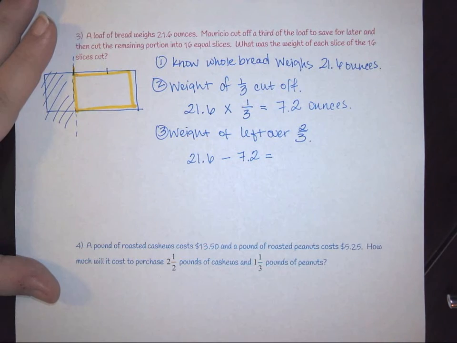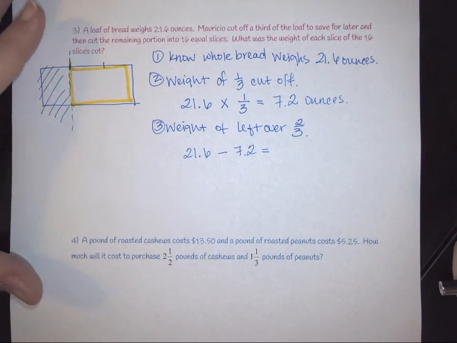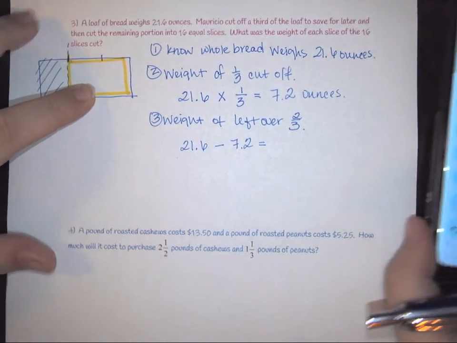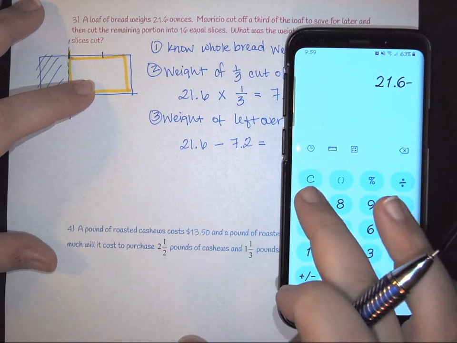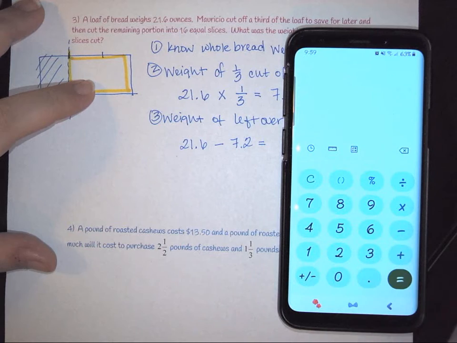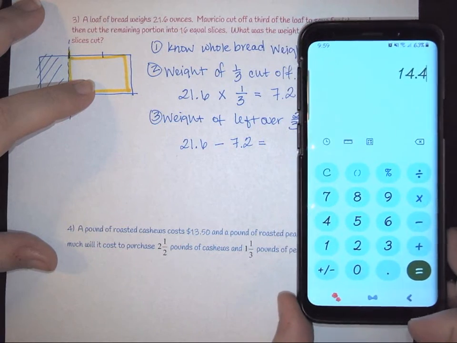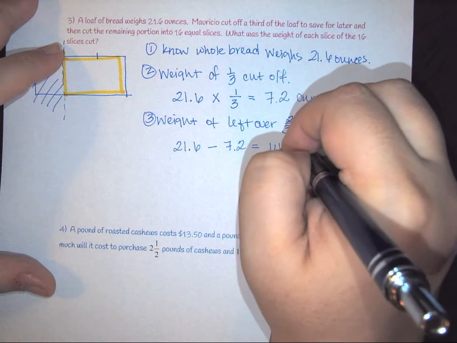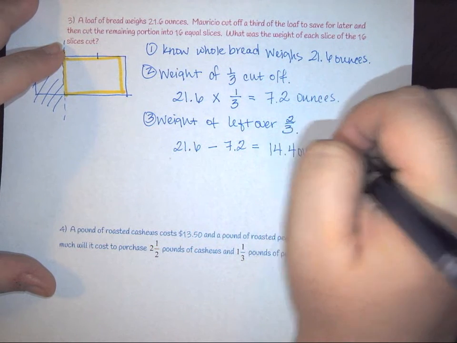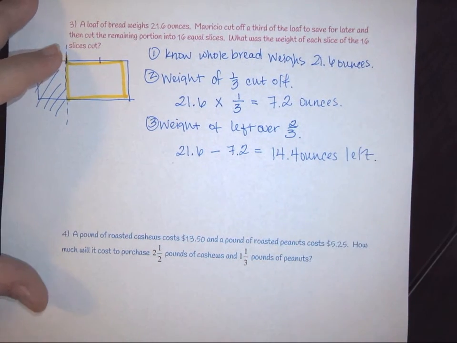And that is going to give you the weight of your leftover box from the yellow square. So here we've got 21.6 and we're going to subtract that 7.2, and that gives us a weight of 14.4 ounces to play with. So we have 14.4 ounces left.